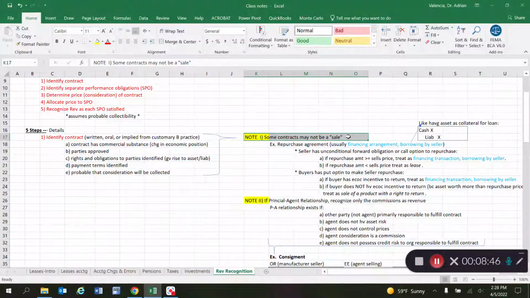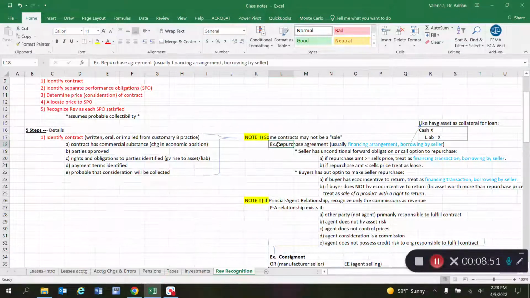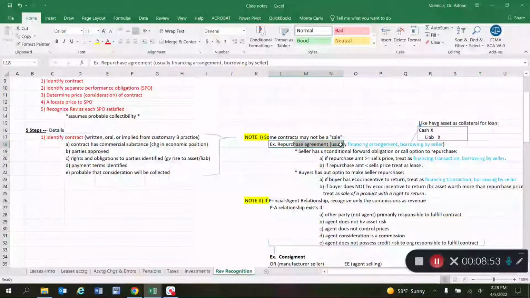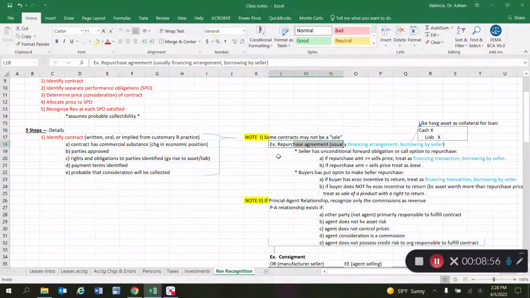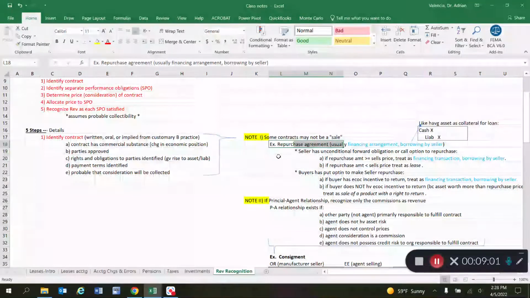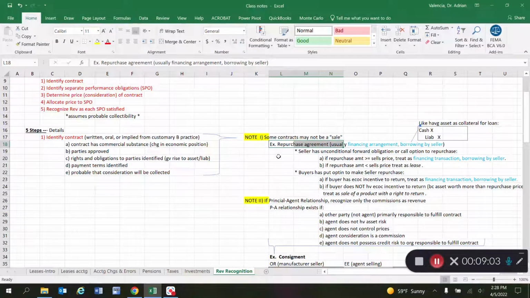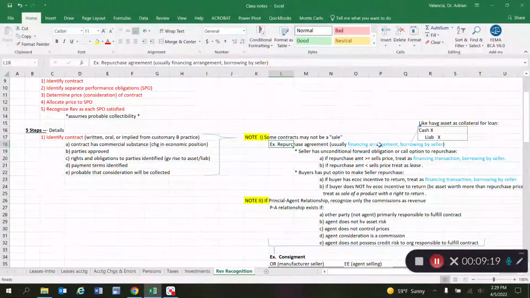What's an example of this? Consider a repurchase agreement. A repurchase agreement is where I sell something to party X with the intention of repurchasing that item from party X later on. And while initially it may seem like a sale from my part, because I'm selling this to party X, the ultimate transaction most of the time is just a financing arrangement where I'm just borrowing money.